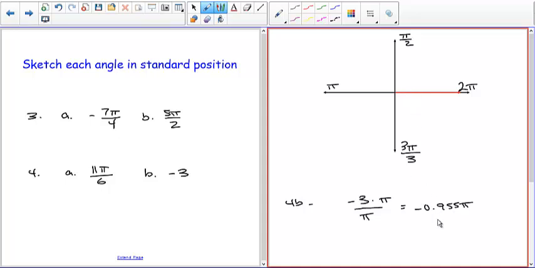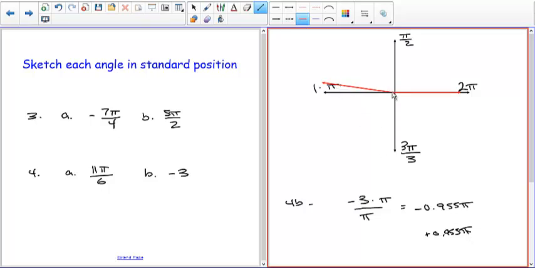So again, what we'll do is we'll go positive plus 0.955 pi, and then we'll flip it over the x-axis. So this is 1 pi. This is 0.955 pi. So the positive version, we don't have to be exact, it's going to be close to the 1.